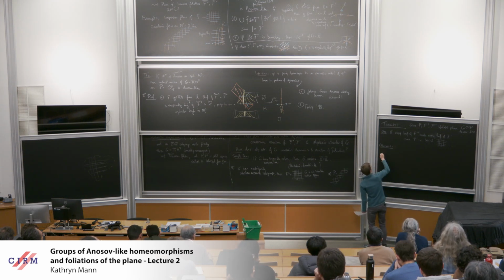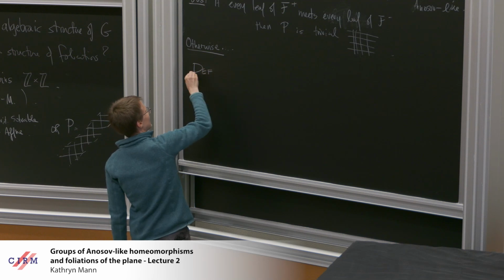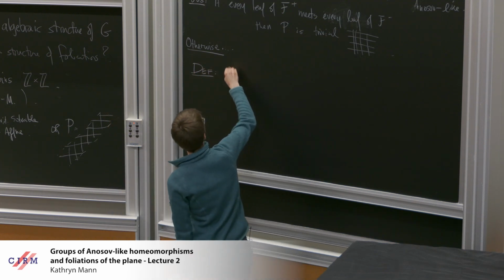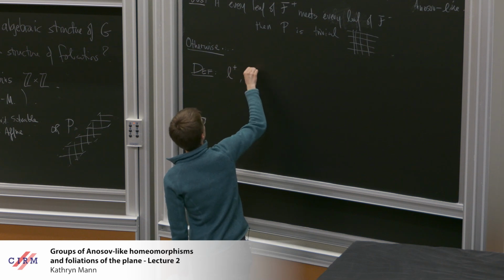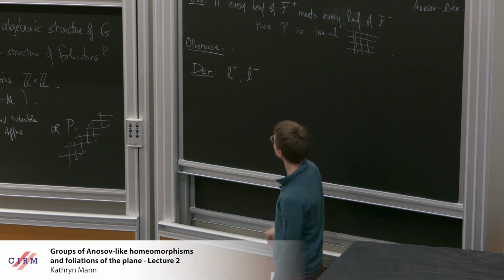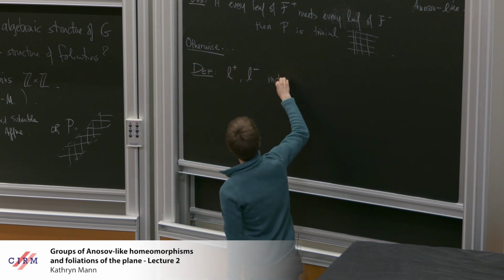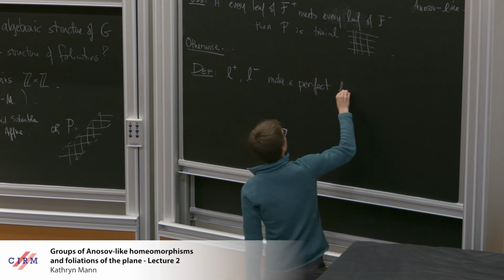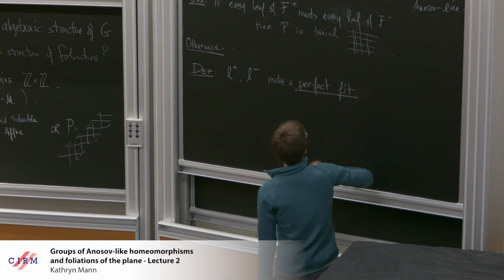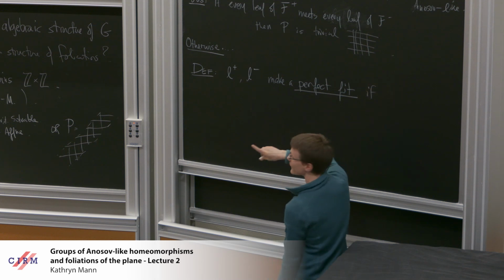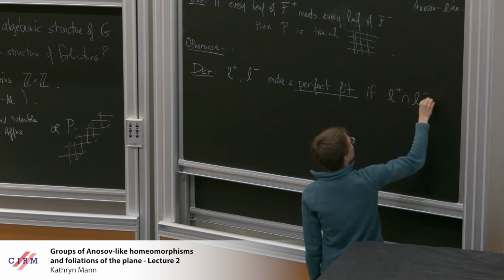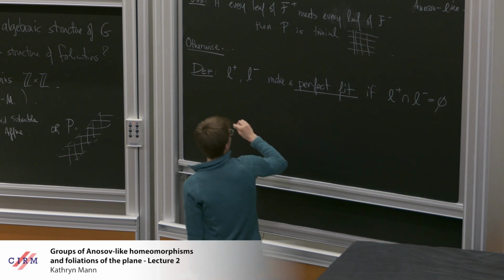Okay, so here's a definition that will be very key for us to understanding structures of foliations. So two leaves, one in each foliation, are said to make a perfect fit if they don't intersect, but they almost intersect. Okay, what does almost intersect mean?